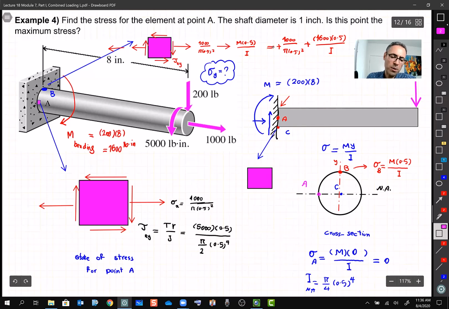Which you can probably guess: everything is the same as point B at the top, except for point C, where sigma C is M, and this Y is negative, right?